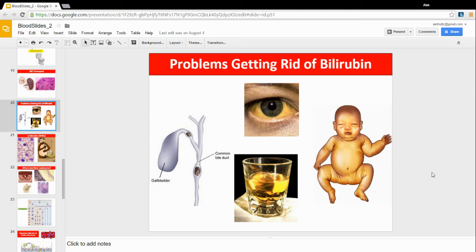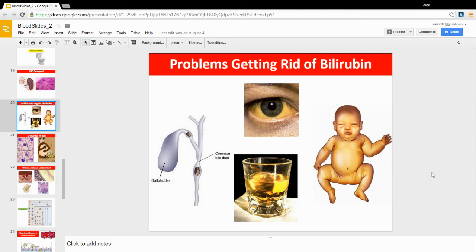And the skin and the sclera, the white of the eye, can take on a yellowish color. People can become jaundiced. Now remember, bilirubin is secreted as part of a digestive liquid called bile. So if you have gallstones blocking a bile duct, like what's pictured on the left there, it is going to be harder to get rid of bile and thus bilirubin, and it can build up in your tissues.